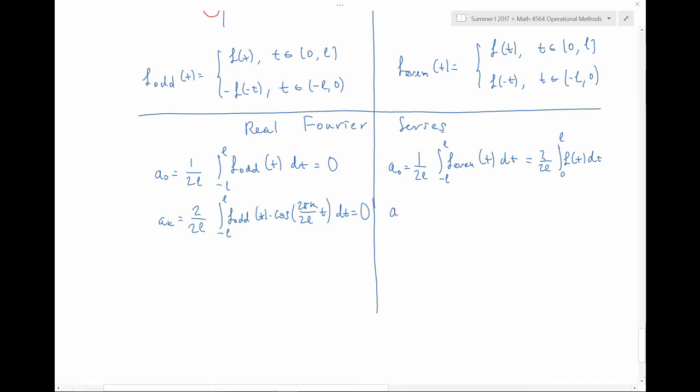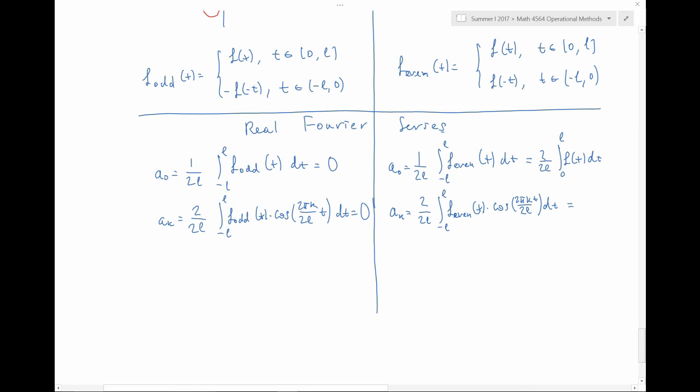In the case of the even extension, I get 2 over 2L, the integral from minus L to L of the even function multiplied by cosine of 2 pi k t over the length of the interval, which is 2L, dt.